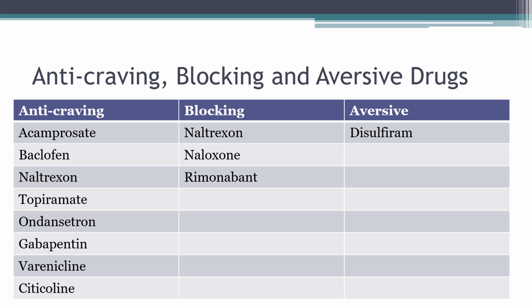So the person has an aversive reaction to alcohol due to the presence of disulfiram. So the person knows that I don't have to take the substance while I am on this drug. This kind of aversion is done in alcoholic patients with disulfiram.